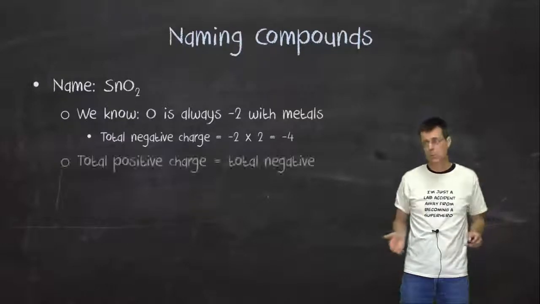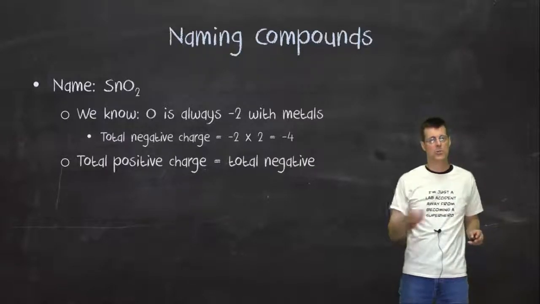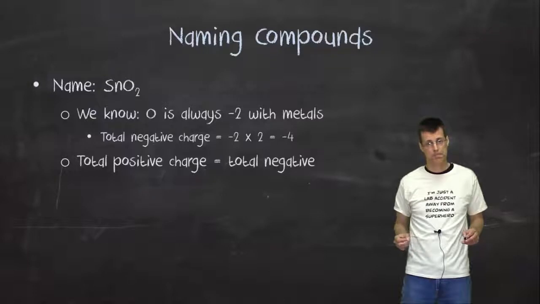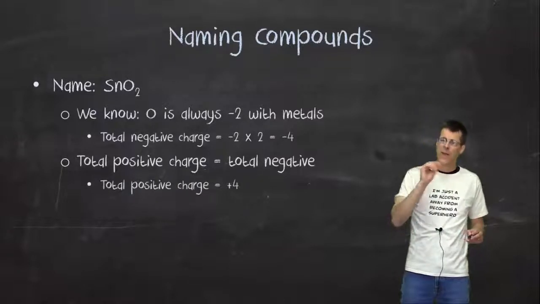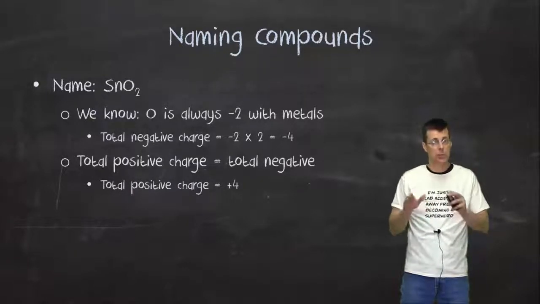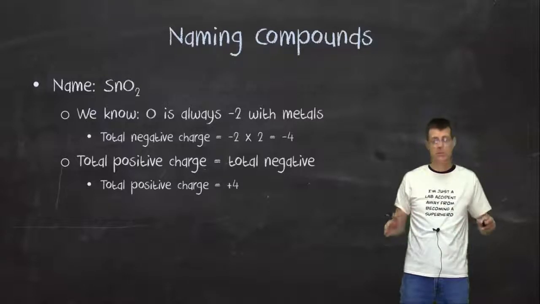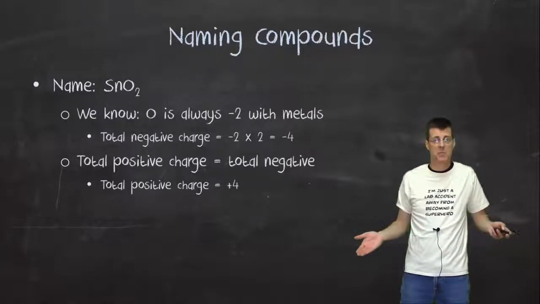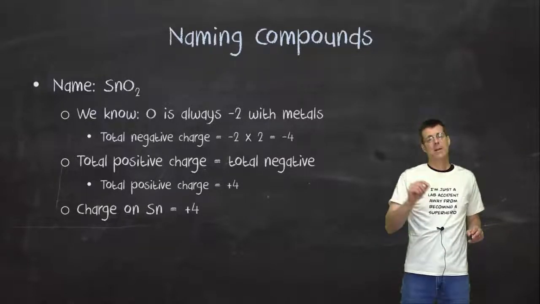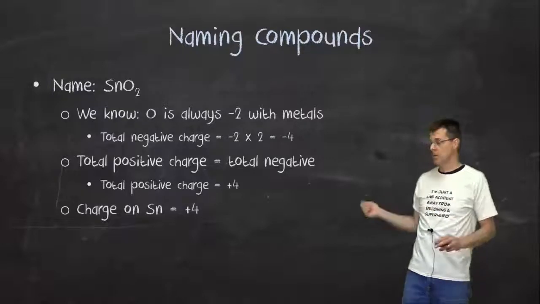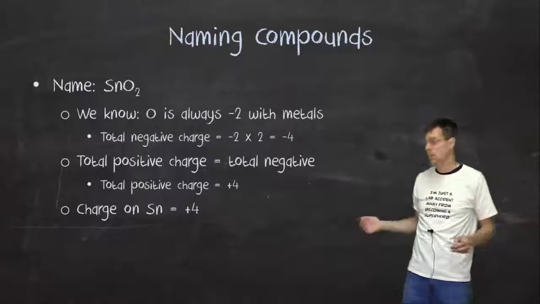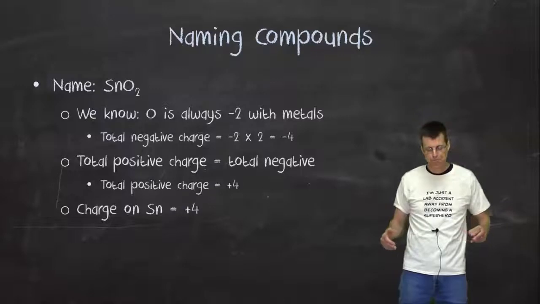The total positive charge will equal the total negative charge, so I have a total positive charge of +4. That means the charge on Sn, tin, has to be +4.